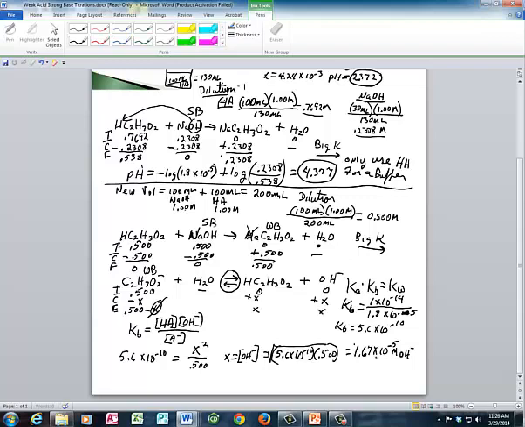And that's in hydroxide ion. I'm going to go ahead and take the negative log of that, and when I take the negative log of the hydroxide ion concentration, I get the pOH.